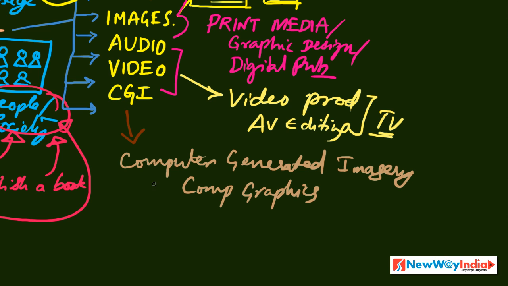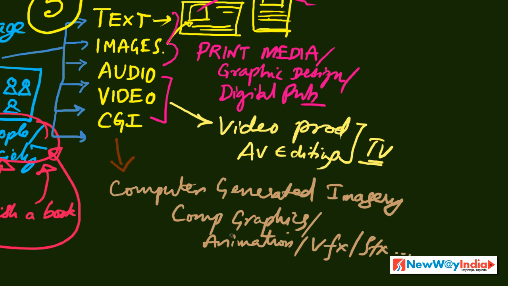But technically it is called computer generated imagery, or animation, or VFX, SFX, something like that. Visual effects, special effects. These are used in films, and these days most commercials include animation and visual effects.